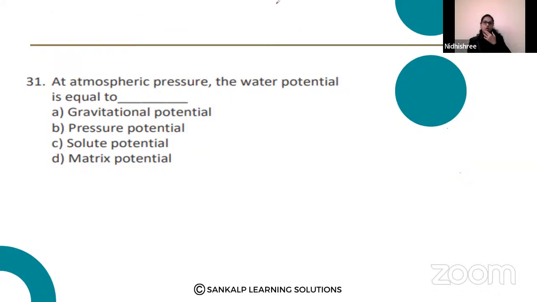Chandana option D, Kumar option B, Lohit option C, Samarth option B, Saundarya option C. So the right answer is option C, that is solute potential. Water potential will be equal to solute potential because at atmospheric pressure, the water potential decreases and reaches a negative value. So it will be equal to solute potential.